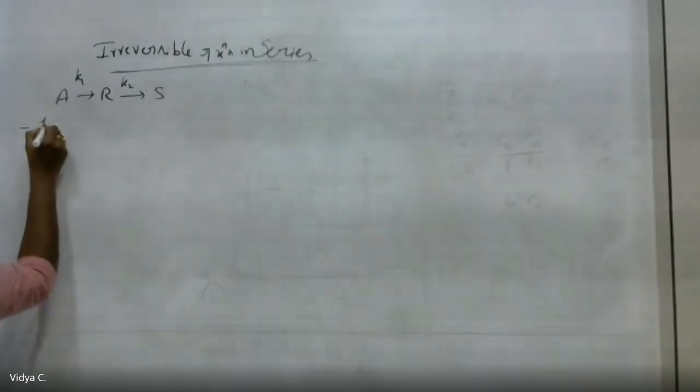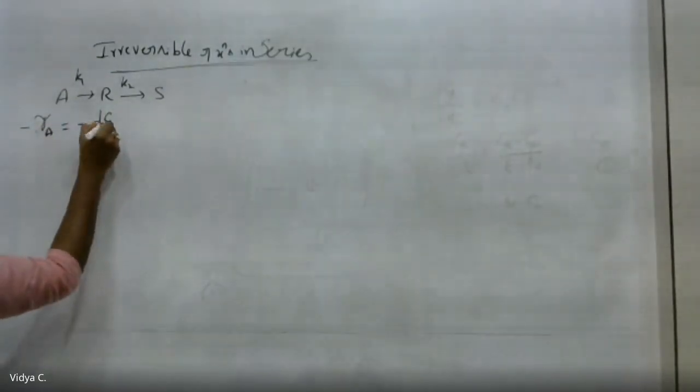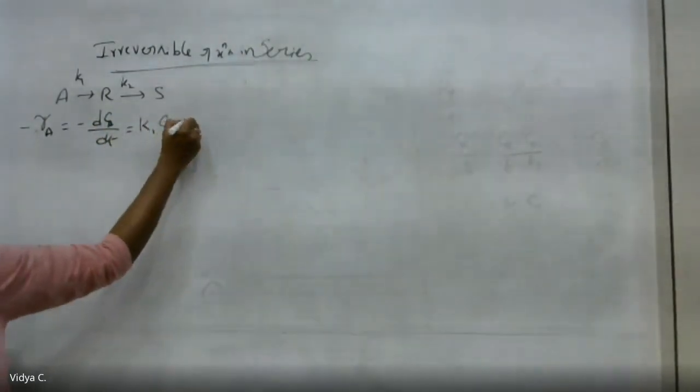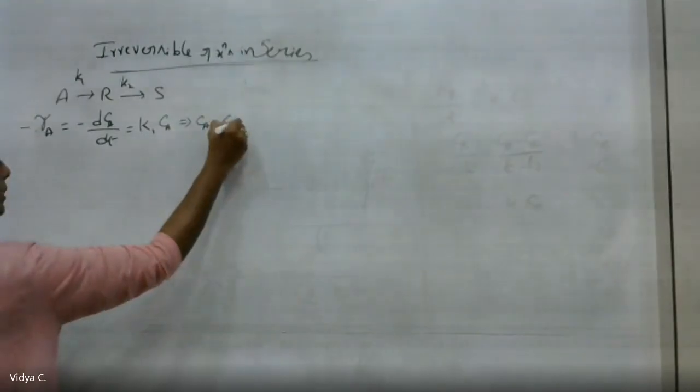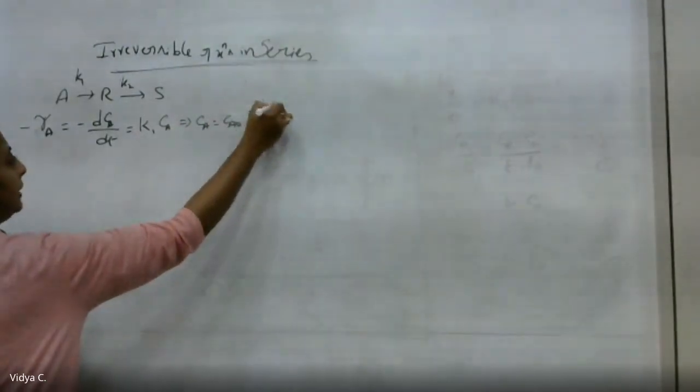So what I'll do, I'll start with minus rA equal to minus dCA by dt equal to K1 CA, which implies CA is equal to CA naught e to the power of minus K1 t.